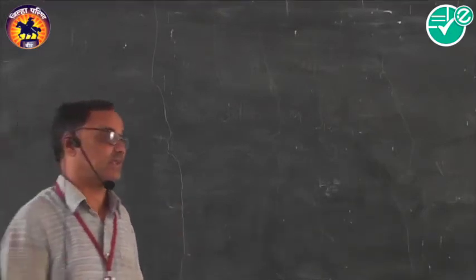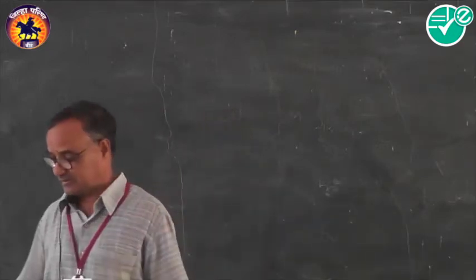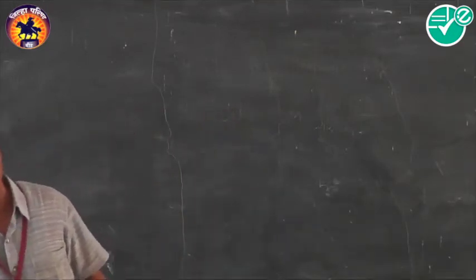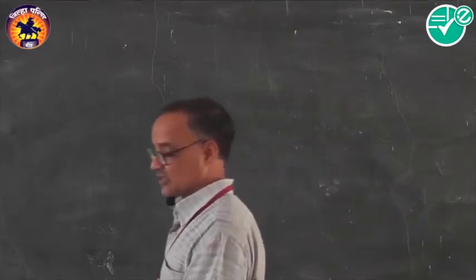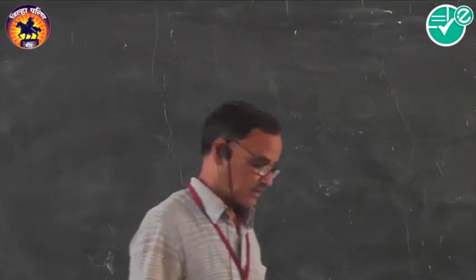So these are the three theories: Dalton's atomic theory, Rutherford's atomic model and Bohr's atomic theory. They give the perfect identification or idea about the atom and the external as well as internal structure of an atom.